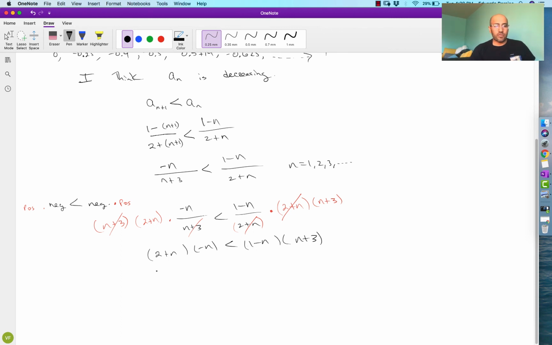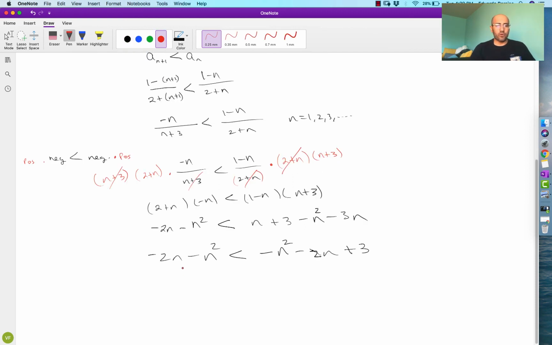I can distribute these, and I end up with minus 2n minus n squared is less than n plus 3 minus n squared minus 3n, which is minus 2n minus n squared is less than minus n squared minus 2n plus 3.